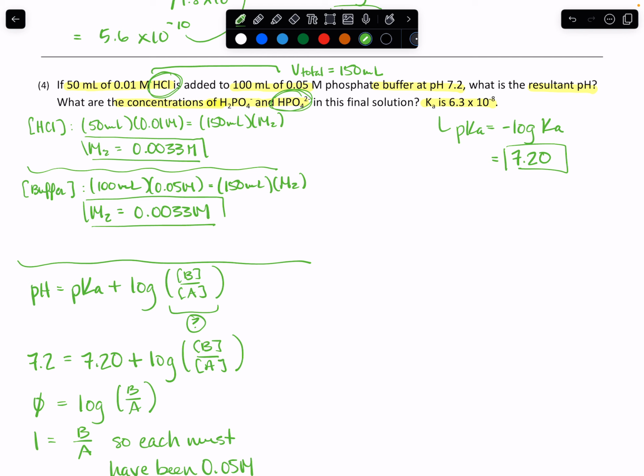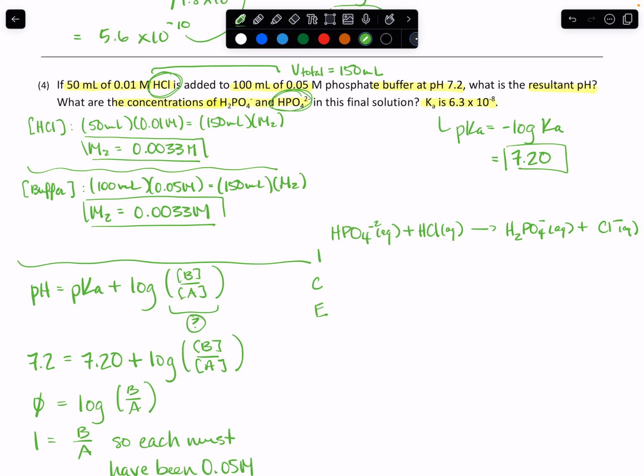So HPO4 2 minus plus HCl is going to yield H2PO4 minus plus Cl minus. All right, so that's going to be the reaction. The hydrogen ion from the acid is going to interact with the conjugate base of my buffer, reforming that conjugate acid. All right, so we set up our ice chart again.